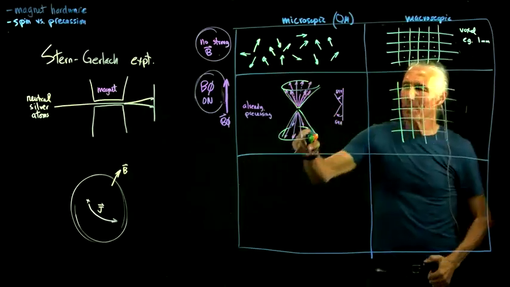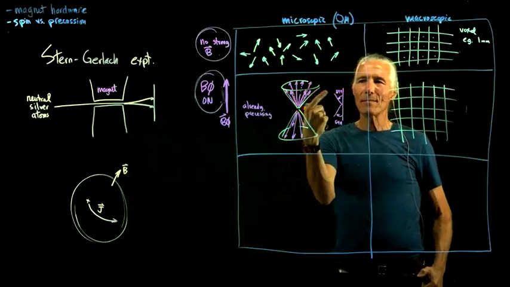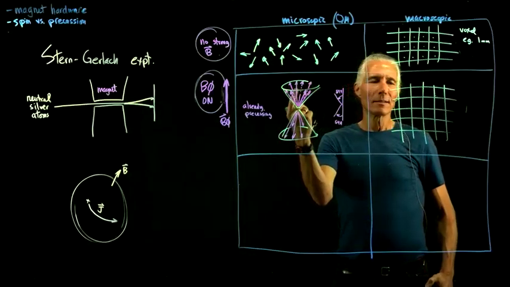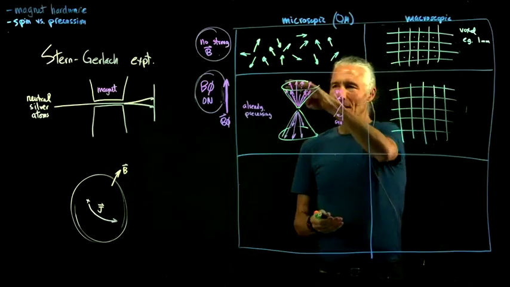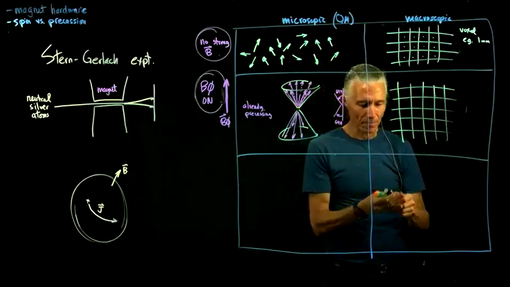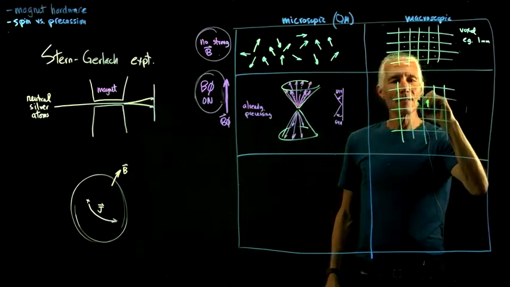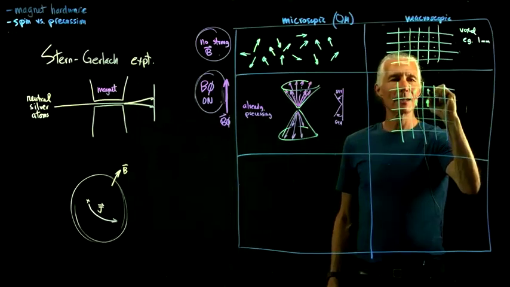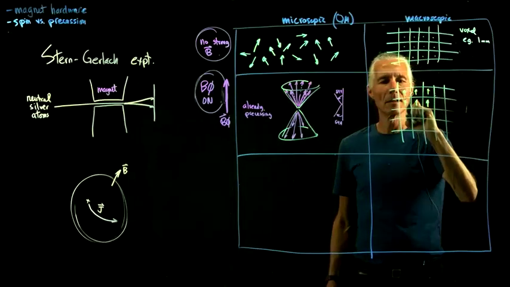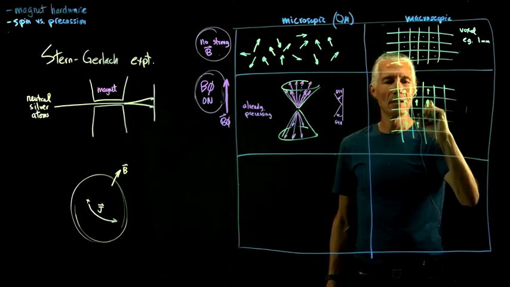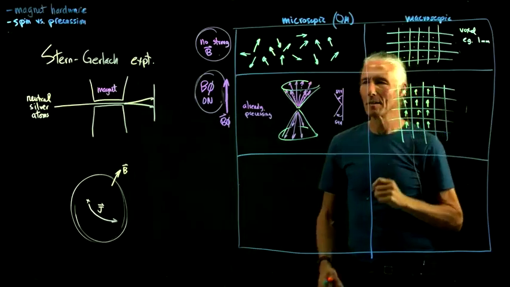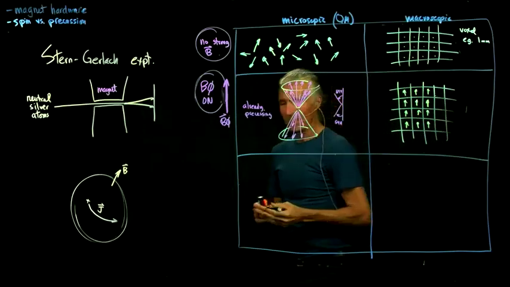There's slightly more pointing up than pointing down, but they're evenly distributed around the circle, and so all that part cancels out. What do you end up with? You end up with each little chunk of tissue magnetized in the direction of the magnetic field. So that's the B0 on.